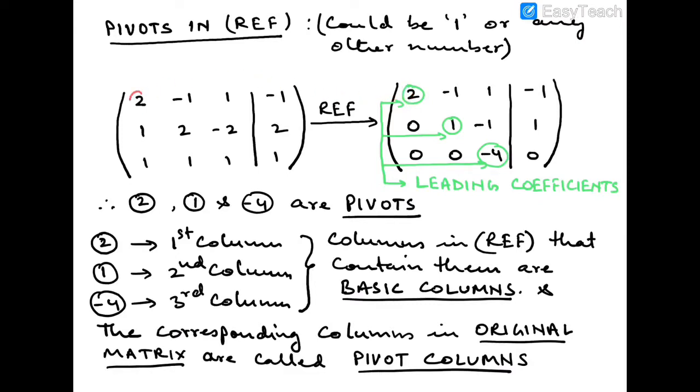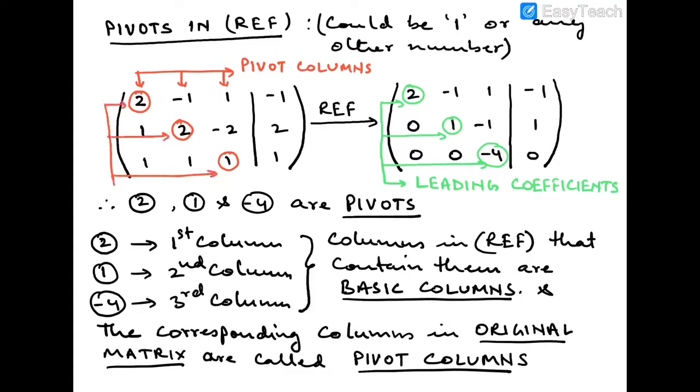So the corresponding entries in original matrix are 2, 2 and 1. Therefore, these columns are the pivot columns, and these are the pivot positions at A11, A22 and A33.